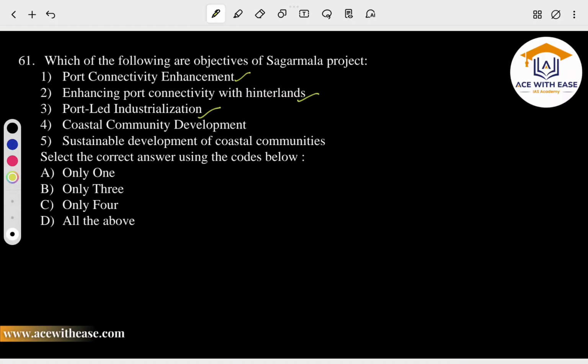Port-led industrialization, yes. Coastal community development, sustainable development of coastal communities, yes. This is basically the logistic support, improving the trade and commerce, etc. Now this is where the Sagarmala project comes in. So in this 61st question, option D is the correct option.